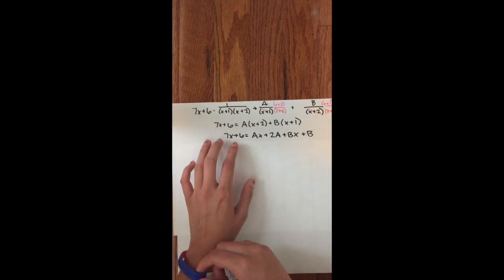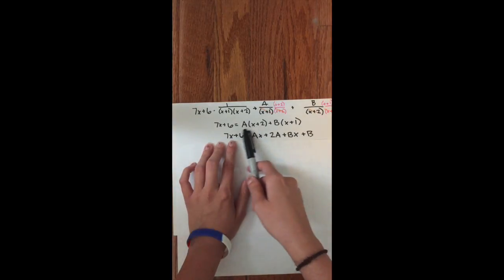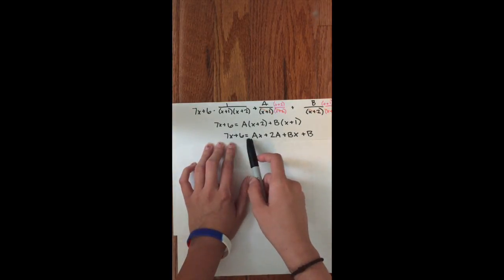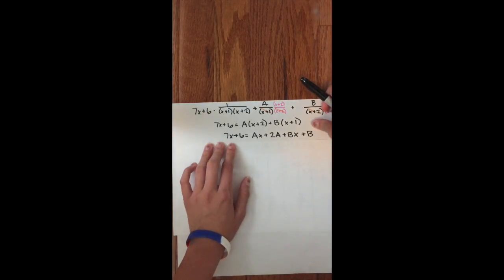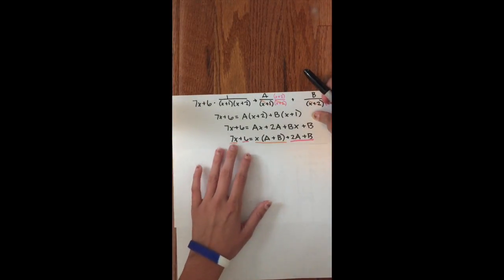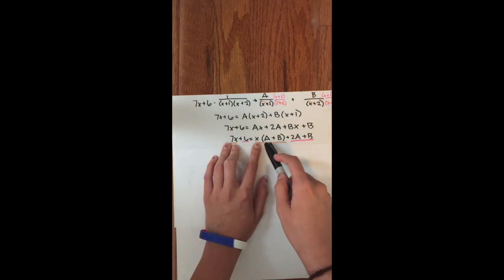Now if we multiply these out, we get 7x plus 6 equals Ax plus 2A plus Bx plus B. Our next step is to take the x out and factor it.